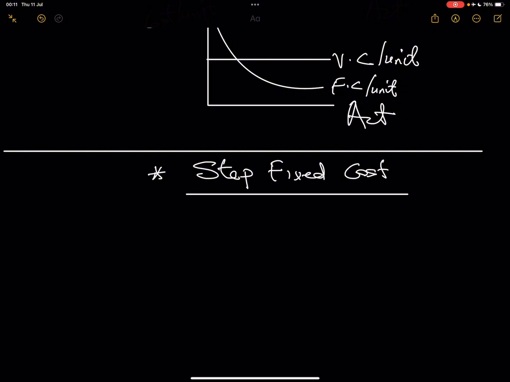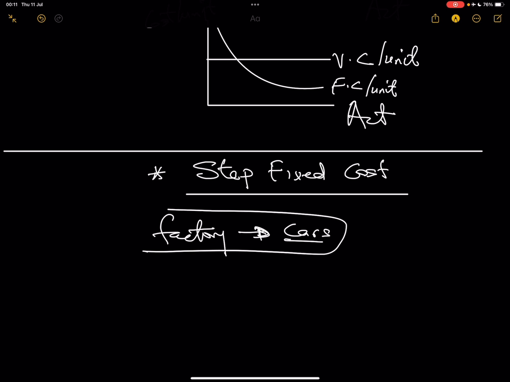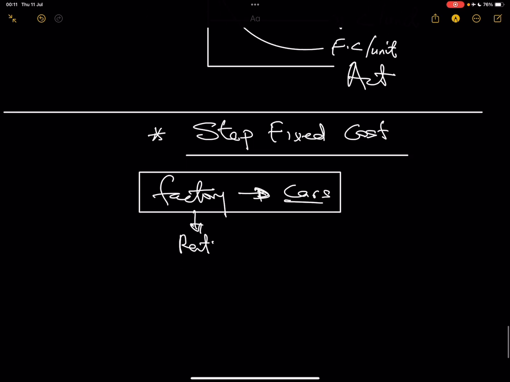Let's say you run a factory. Yeah? You have a factory that's manufacturing cars. Now, you decide, you are manufacturing cars. This factory, you'll be paying rent for sure on it.